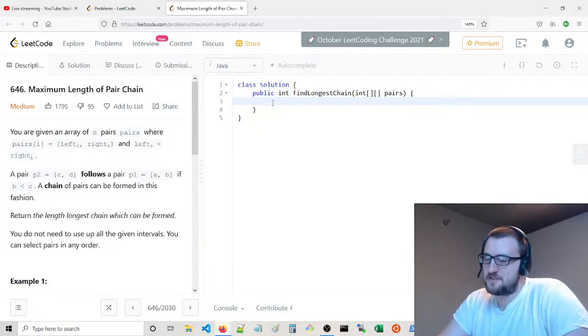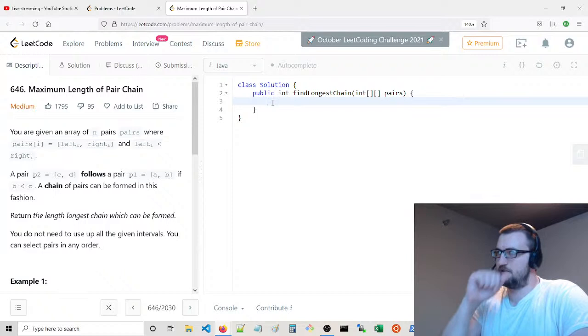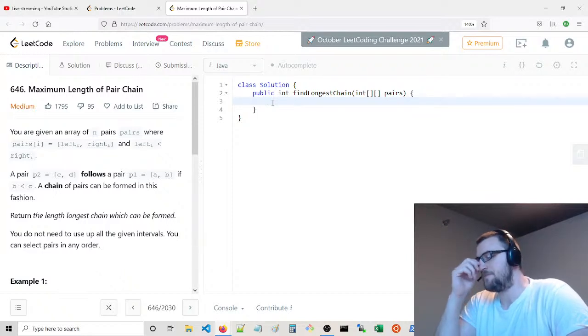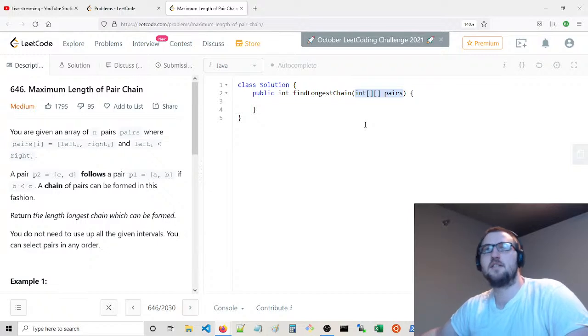So I think the way to do this, what we're going to do is we're not going to use a hash map. It's not really necessary. We're going to use an array of n values, where each entry represents the longest chain starting from a particular pair.